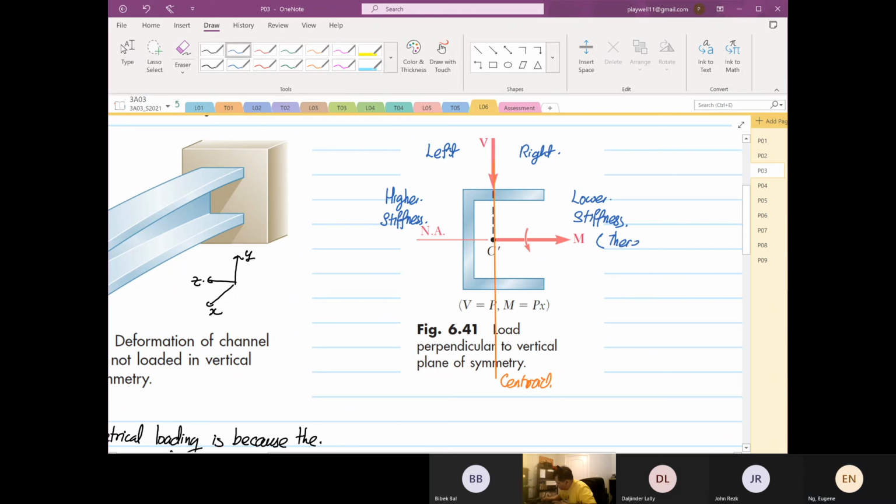Why does it have lower stiffness on the right-hand side? There is no web. You got a gap where I highlight in yellow, you got a gap down there, and there's no web. Whereas on the left-hand side, it has higher stiffness because there is a web.